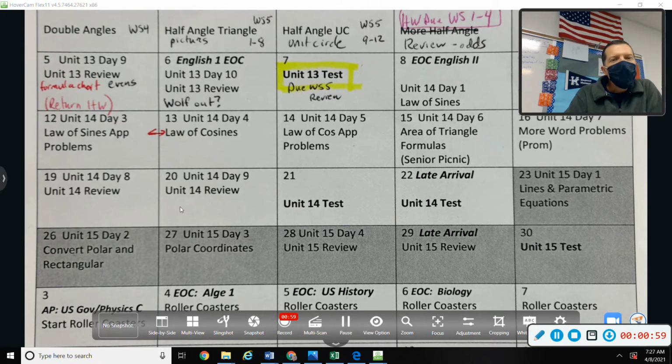But we've kind of accounted for that. Area of triangles is pretty easy. Word problems is just practice. Review is practice. And then there's one more review day before we get to the test on April 21 and 22. So, long way away. But we've factored in the fact that the seniors may be checked out for a few days in there. We get it. We understand. And kind of working with you on that.